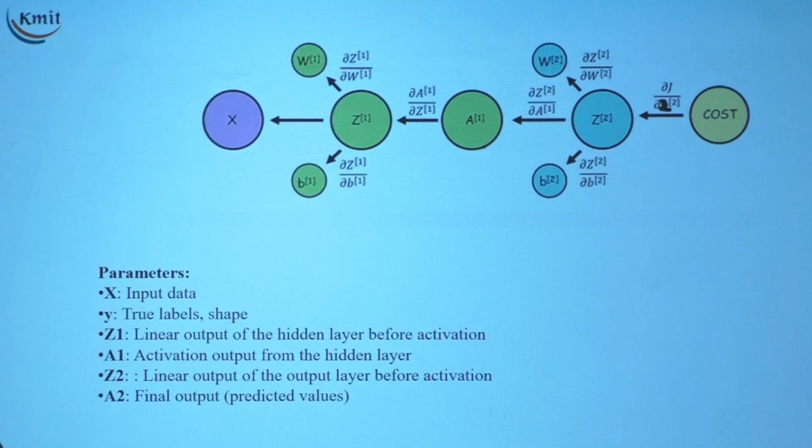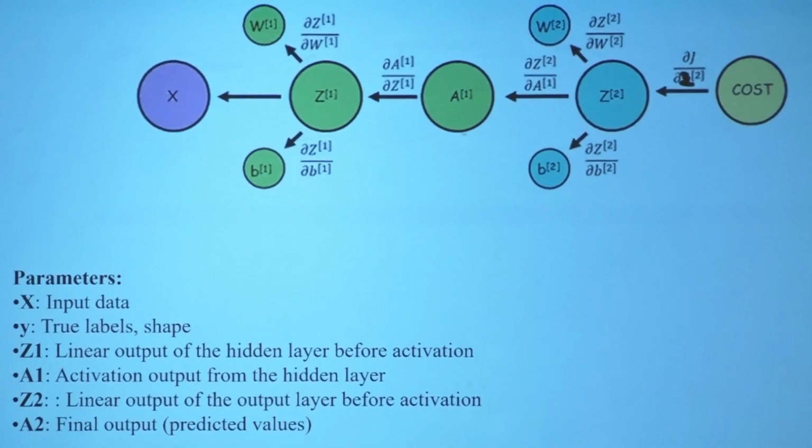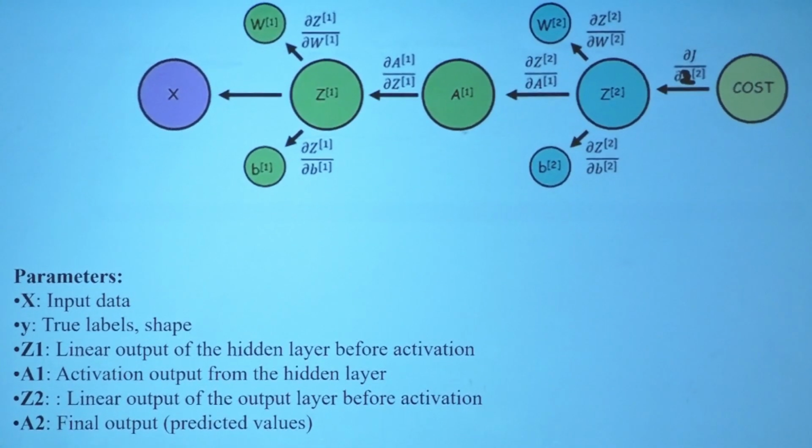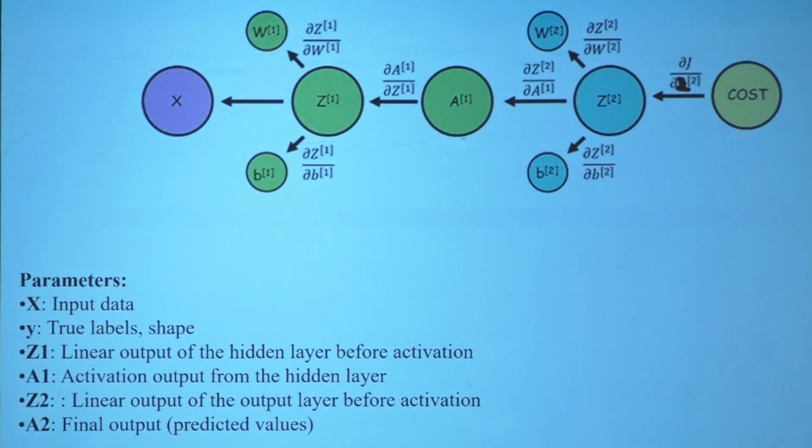In the neuron, first I calculate the transfer function, and then I apply the activation function, which gives A1. This is how I complete input to hidden.